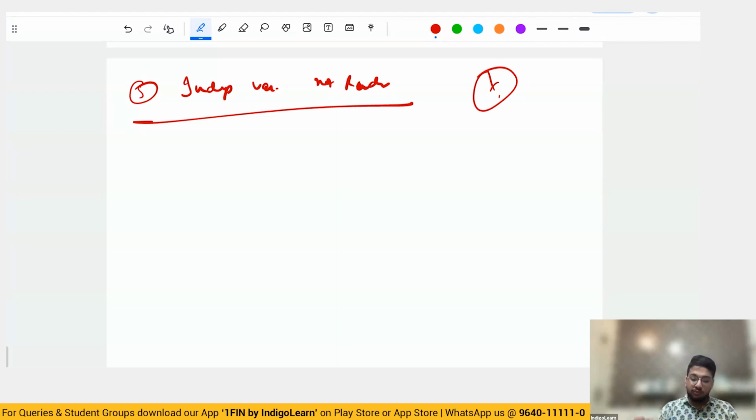If you're doing that, you won't be able to find anything sensible. Let's say the runs which Sachin has scored. We are trying to build a predictive model on the runs which Sachin has scored, using certain regression variables.